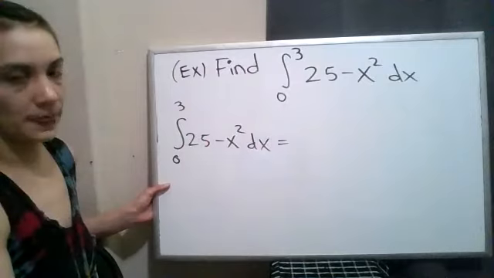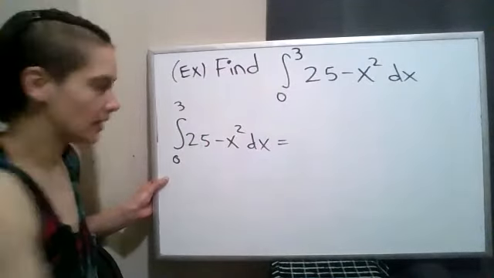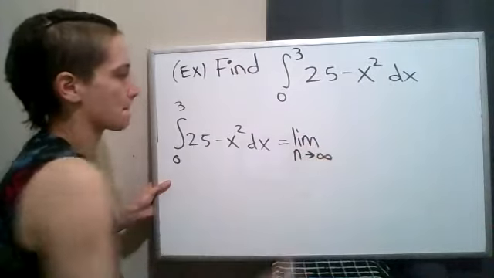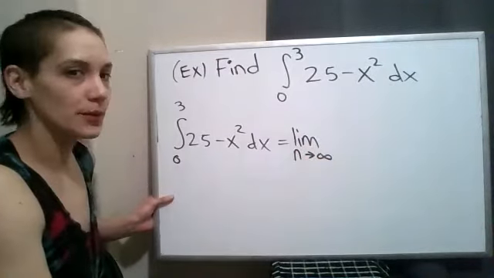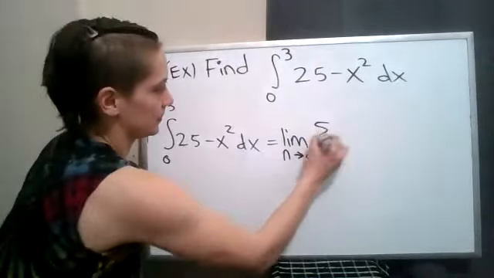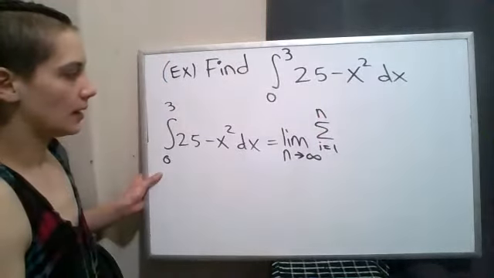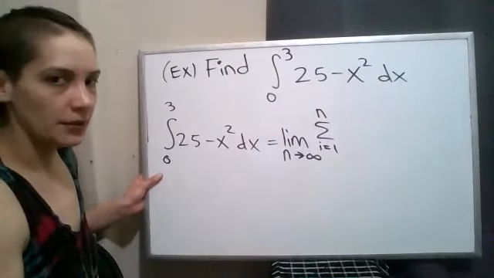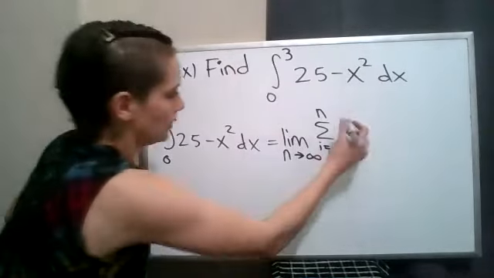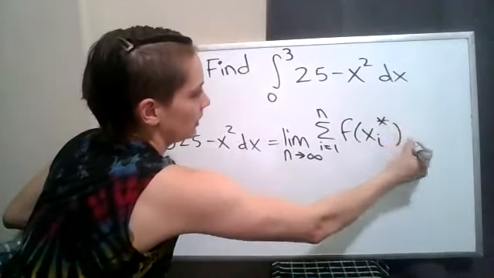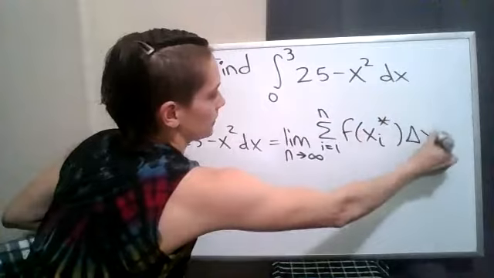Okay, the limit as n goes to infinity of the sum from i equals 1 to n of f of x sub i star. We're going to go ahead and put the whole thing, delta x.